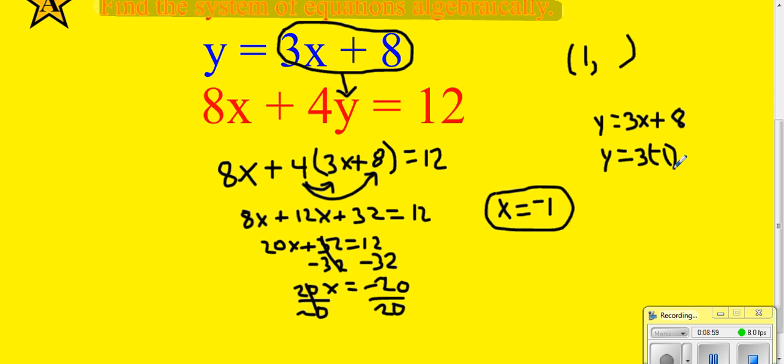So for the x, you're putting in negative 1 because that's your answer. So you have y equals negative 3, because 3 times negative 1 is negative 3, plus 8, y equals, and it's a positive 5.